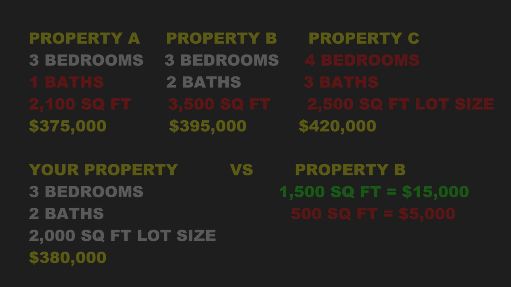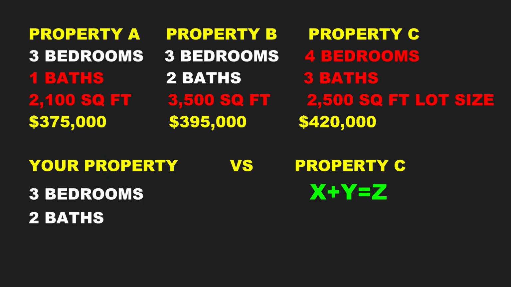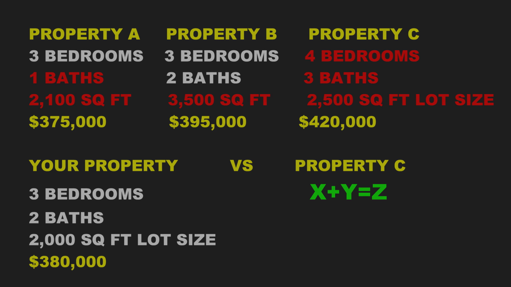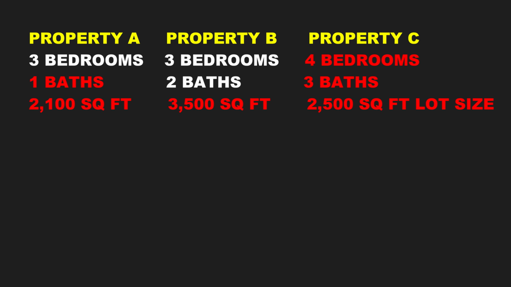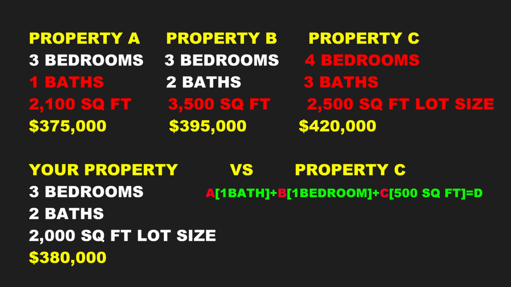You kind of get it, right? So now you take that into property B. It's just a basic equation. If you got X plus Y equals Z, those two sides of the equation have to equal each other, right? Same thing you're doing here. So property C versus your property, the difference, one bath, we already know a bathroom is worth $5,000. So instead of X, you put in $5,000, right?